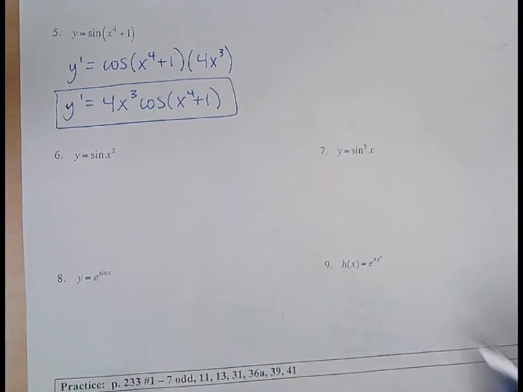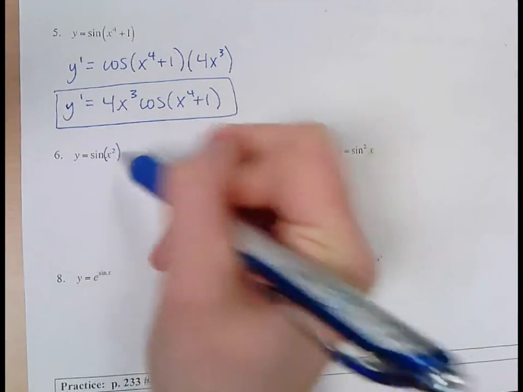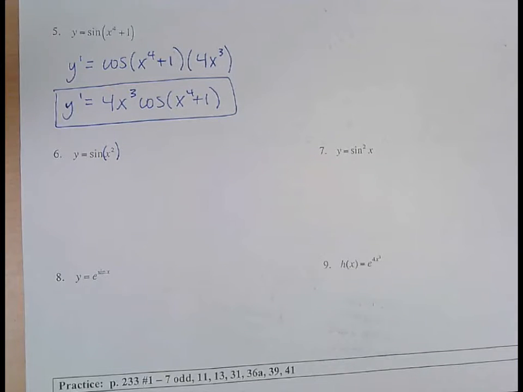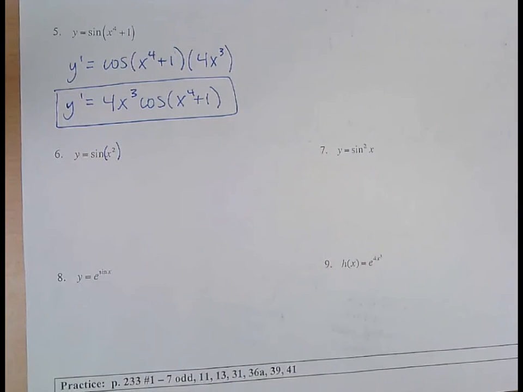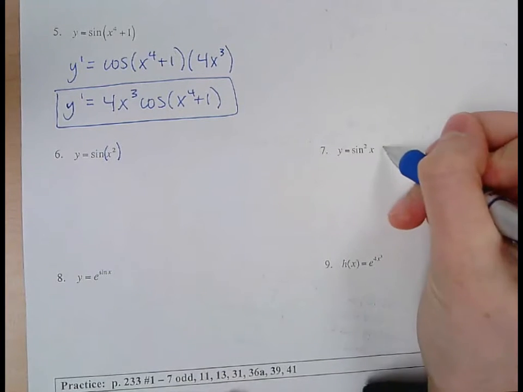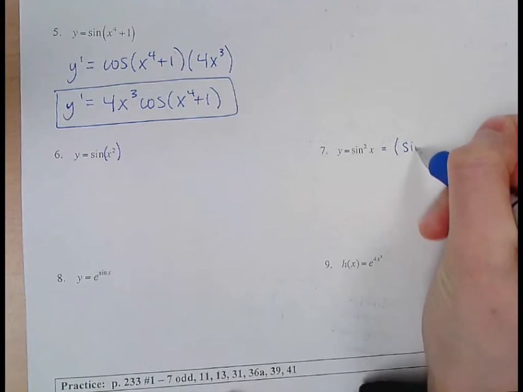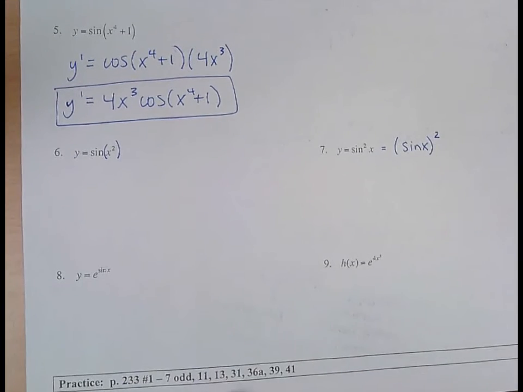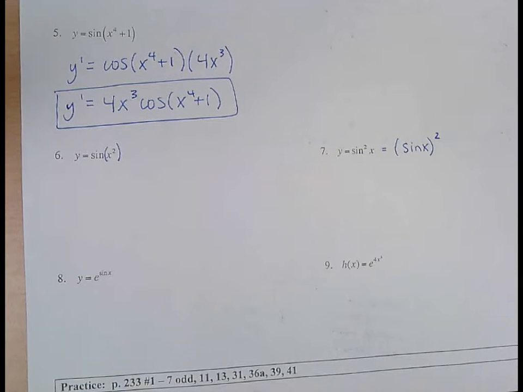So there's not parentheses, but you could put parentheses around the x squared. Okay? What about for 7? Oh, shoot. That's a tricky one. This is sine of x, squared. So sine of x is your inside function.